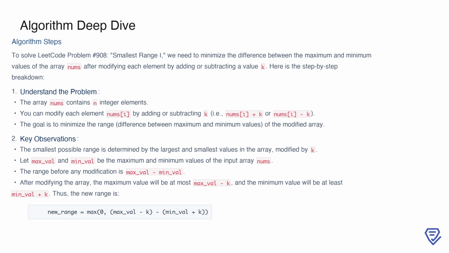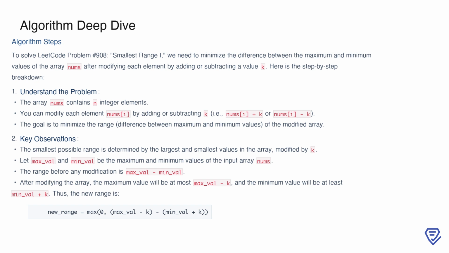First, let's identify the maximum value, max_val, and the minimum value, min_val, in the array. Without any modification, the range is simply max_val - min_val. However, after applying the allowed adjustments, the new maximum value can be at most max_val - k, and the new minimum value can be at least min_val plus k.